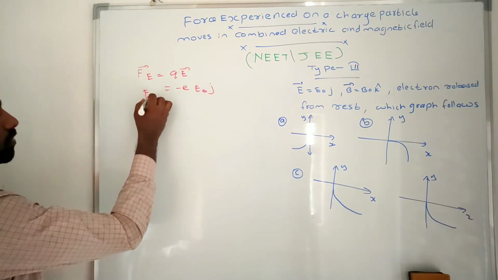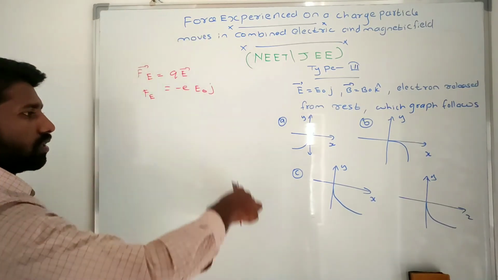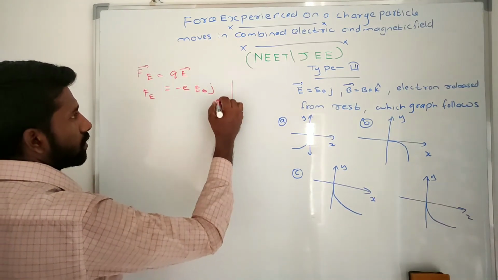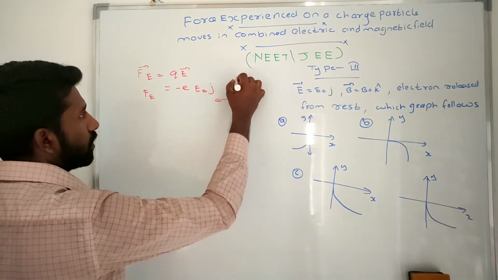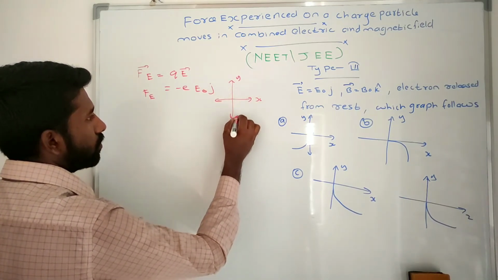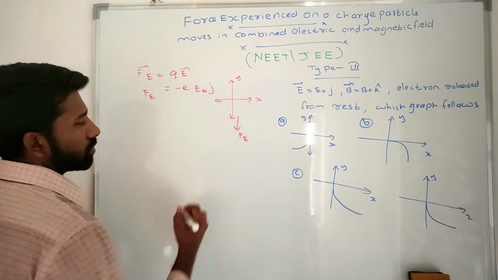So what about the electrostatic force direction? It is acting in the downward direction, that is the minus y axis. If this is y and this is minus y, and this is x, the electrostatic force is acting in this direction.